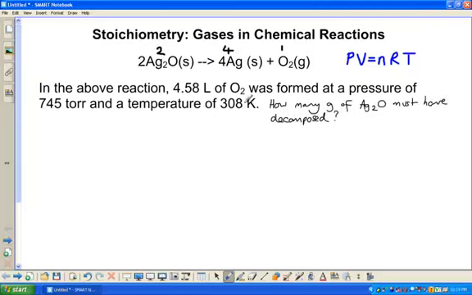You guys know that the only way to get to grams of something is if we had moles of that thing to begin with. So the only way to get to grams of silver oxide is via moles of silver oxide.